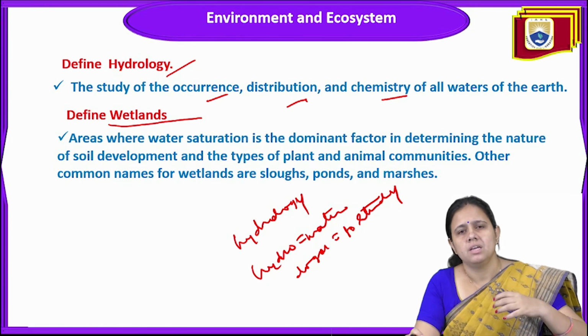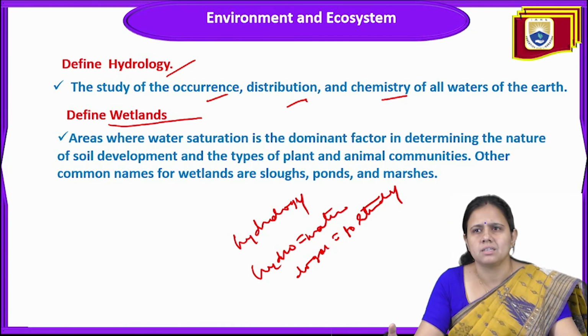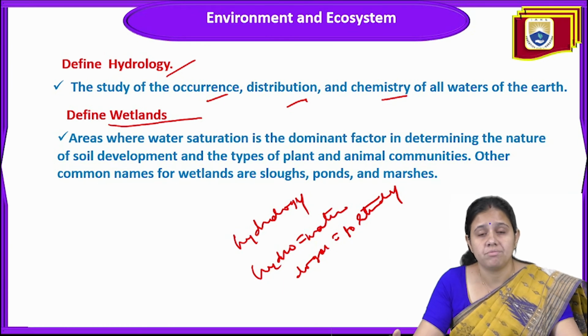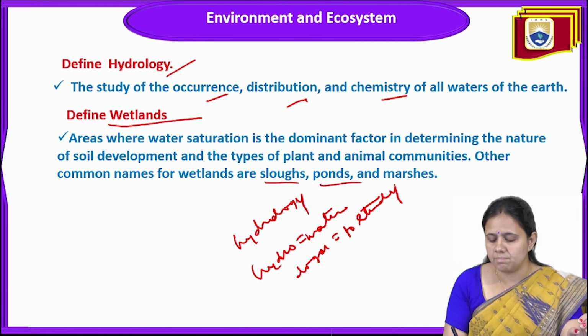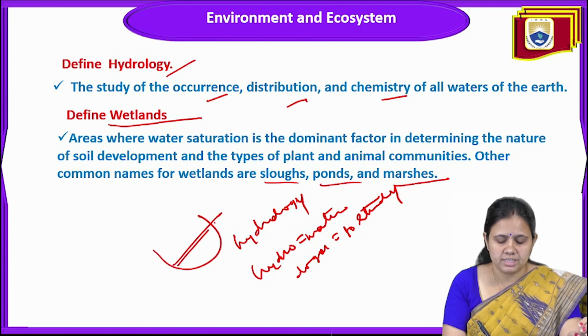So in an area where water saturation is the dominant factor, water is the main factor determining the nature of soil development and the type of plants that grow, and with that the soil and animal communities will survive. Different names are ponds and marshes, meaning those natural areas where water is already present are called wetlands.